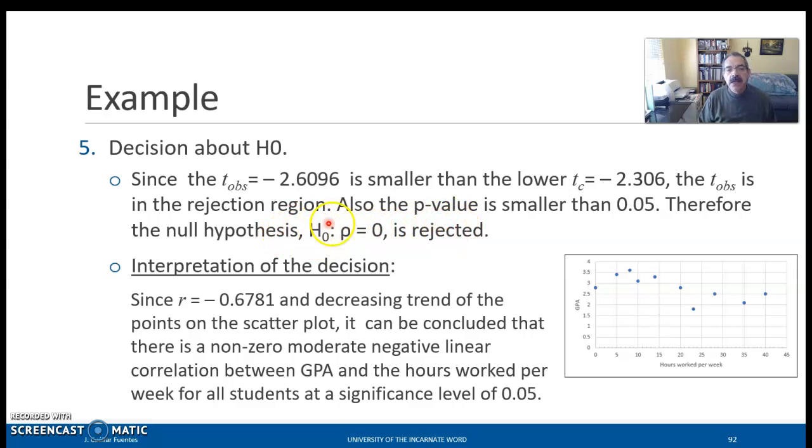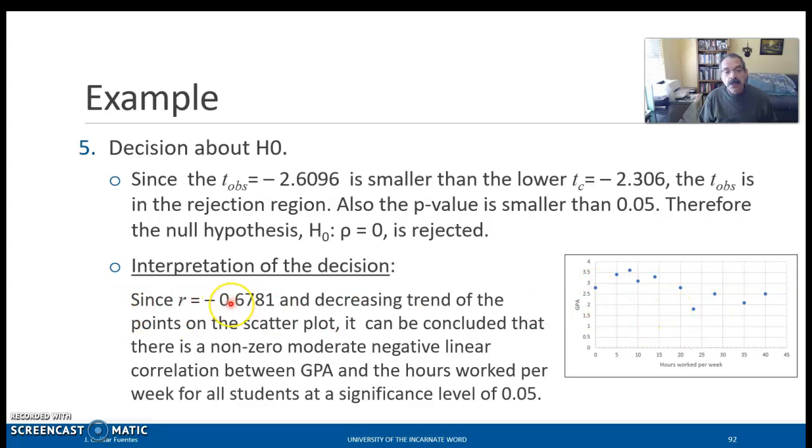So in other words, the population correlation coefficient is not 0. So how do we interpret this? Well, in this case, we need to use both the point estimate of the correlation coefficient that we calculated at the beginning of this problem, minus 0.6781, and take a look at the scatter plot.